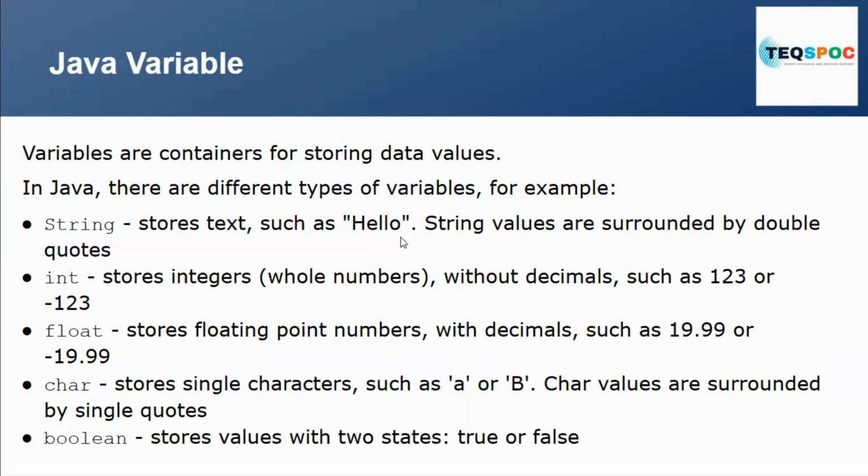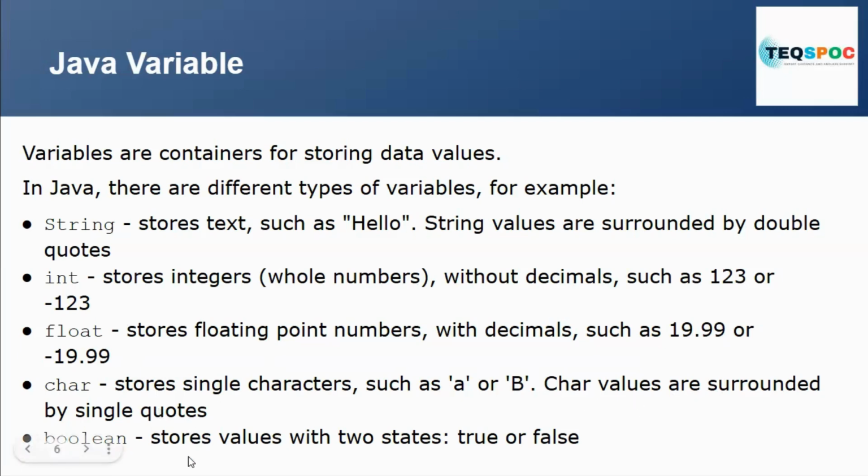String values are surrounded by double quotes. Int stores an integer value, a whole number without decimal, such as 123 to minus 123. Float stores a floating point number with a decimal, such as 19.99 or minus 19.99. Character stores a single character, such as 'A' or 'B'. Character values are surrounded by single quotes.